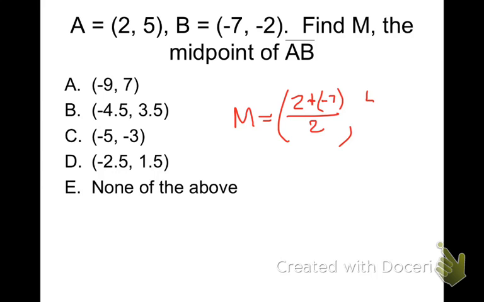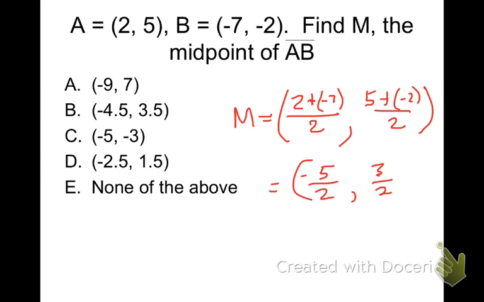Its y-coordinate will be the mean or the average of the y-coordinates, 5 plus -2 over 2. That simplifies to -5/2 and 3/2, which is -2.5 and 1.5.